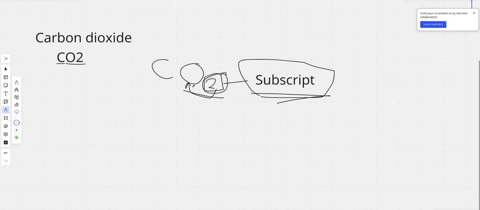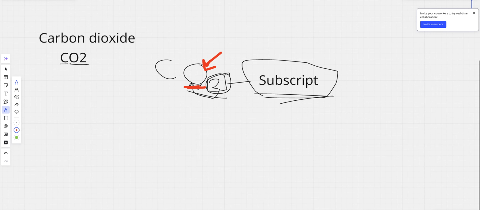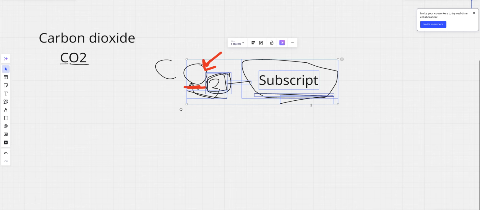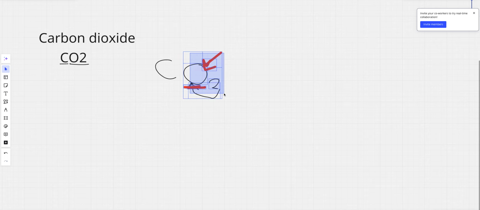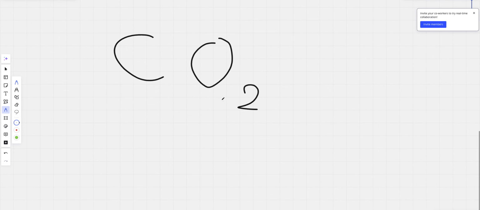This tells you how many oxygen atoms there are. So in CO2, the subscript is 2, so 2 oxygen atoms.